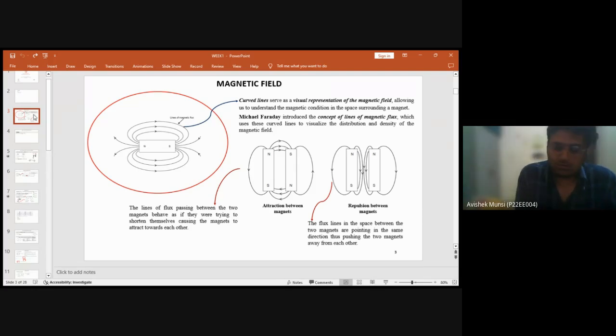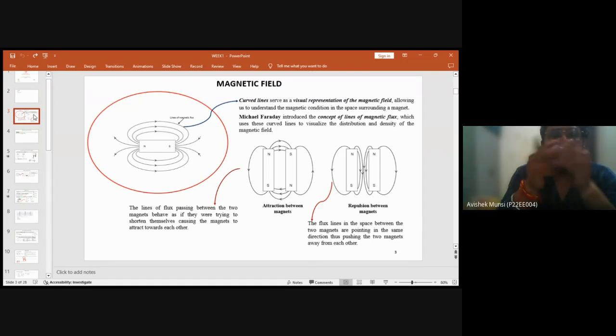Based on which you can see on the slide that you have to know a little bit about magnetic field. If there is any magnet, then we can assume that around it there will be a field, right? When we did not know about magnetic fields, we used to take two magnets, and when they come close to each other, they will attract or repel each other, right?